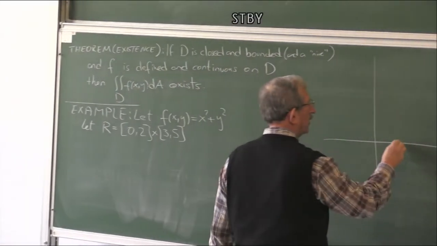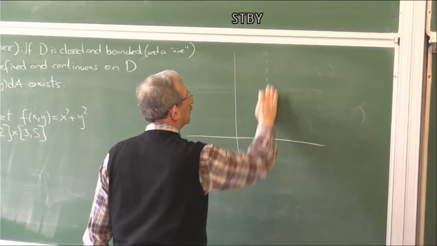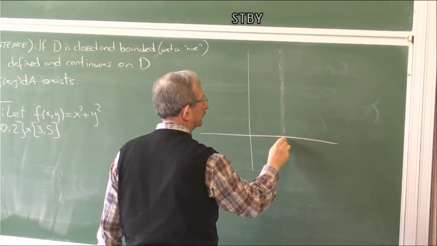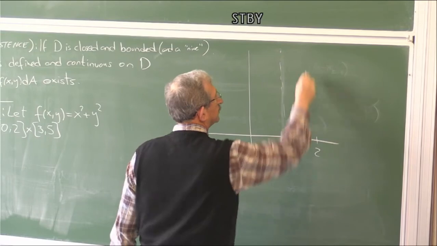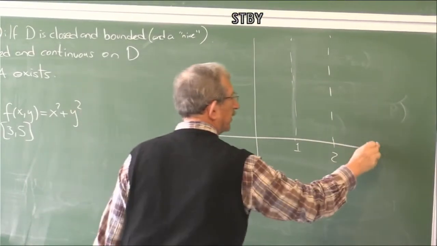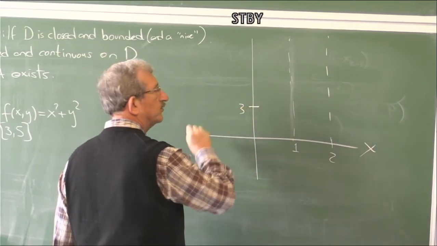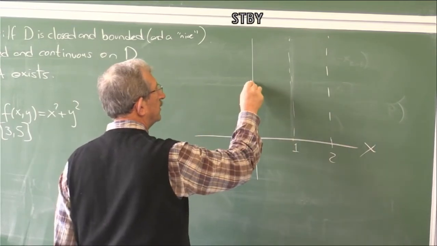Let's say this is 1, this is 2. I said 0 to 2, yes, this is my x. And on the other side, I have 3, 4 and 5, though I'm not making it very proportional.